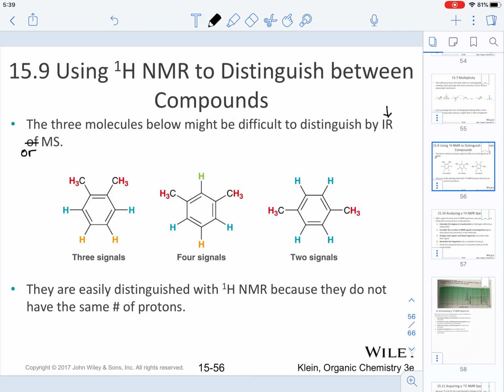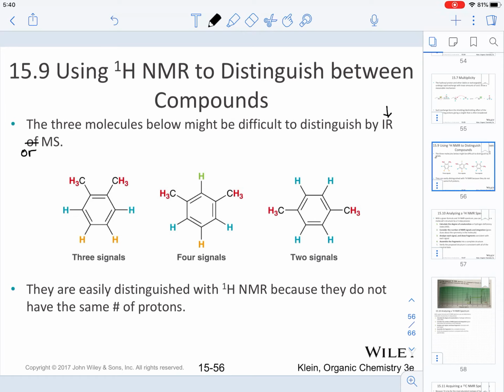Now, if we do the NMR spectroscopy, particularly the proton NMR, for these three compounds, as outlined at the bottom of the structures, each of them will have very distinguishable signals because the protons themselves in these three molecules are going to have different chemical equivalences.